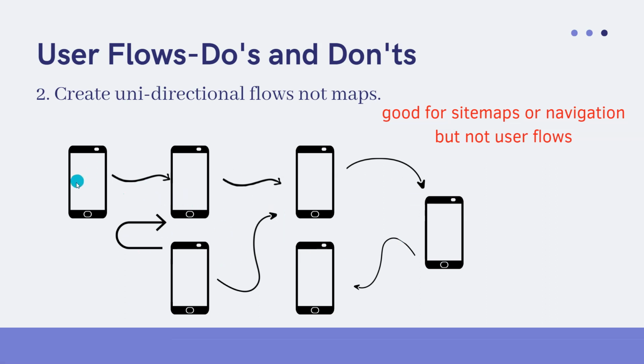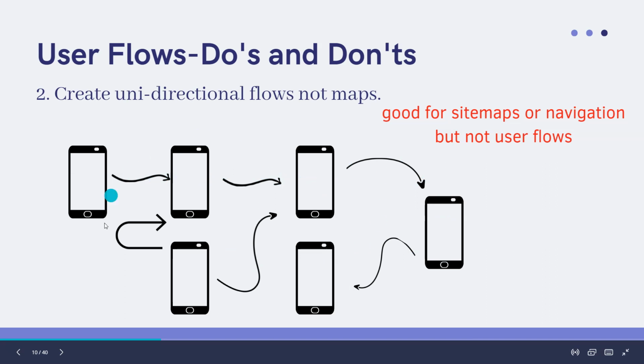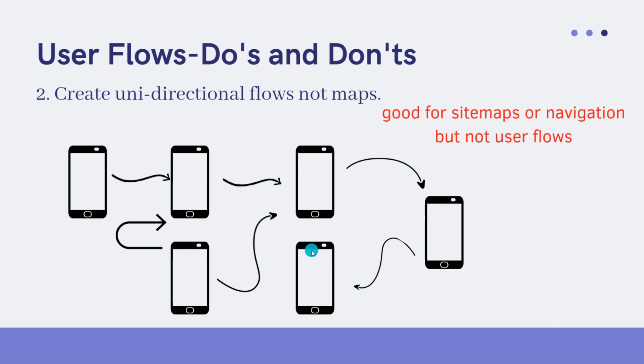You go from this screen to here, and from here to there, and suddenly you go there and you go here, and it's a very jumbled up or messed up user flow diagram. Multi-directional diagrams are good when you're creating site maps or navigation flows, but not for the creation of user flows.